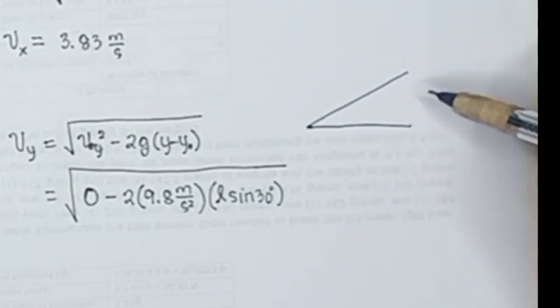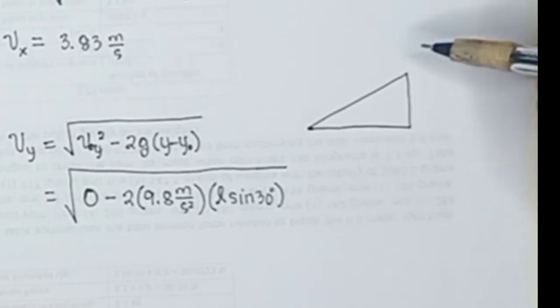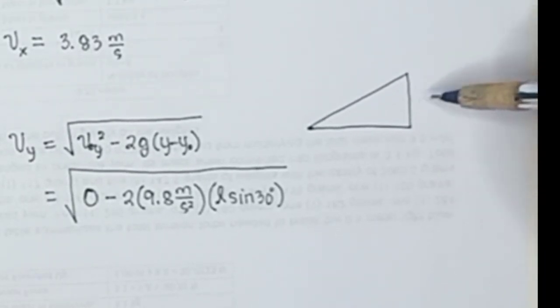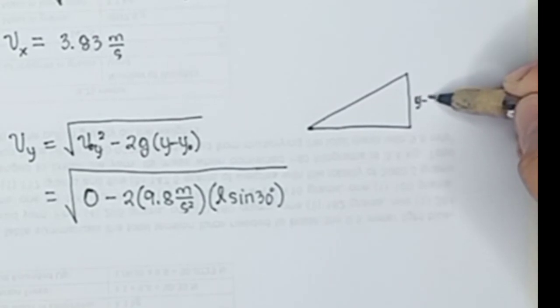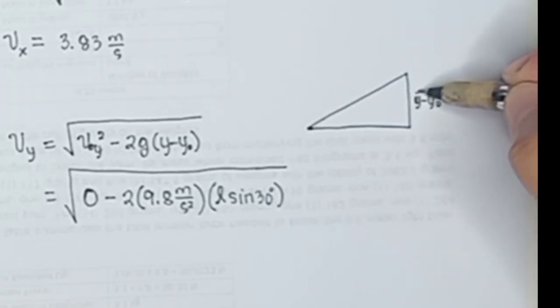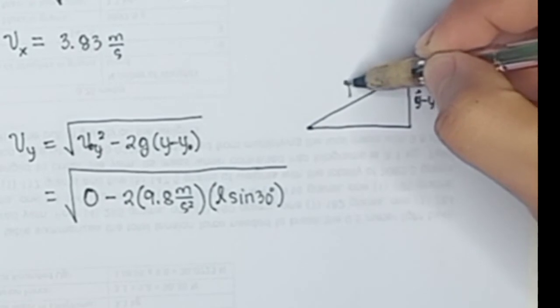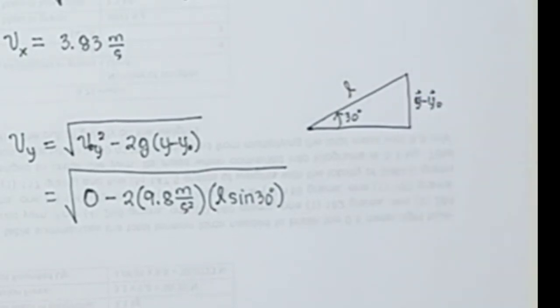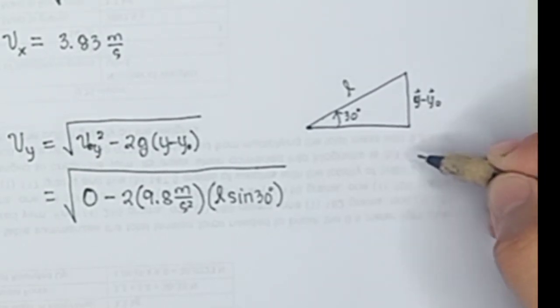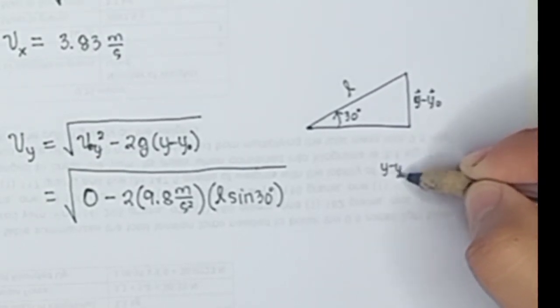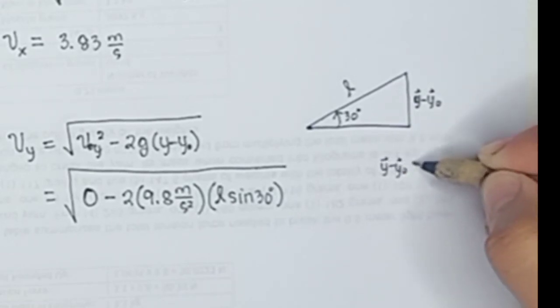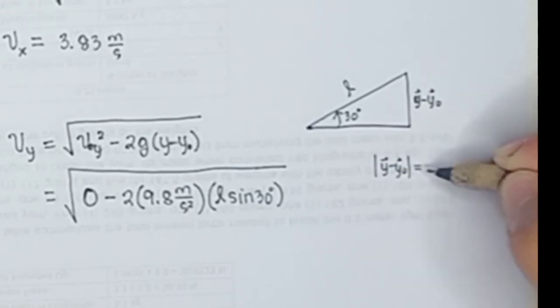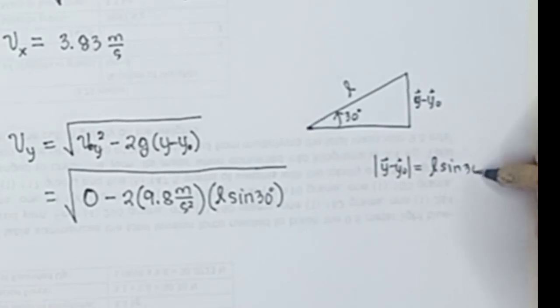This is determined using the Pythagorean theorem. This is our y minus y sub O. This is the length of the ramp, and this is the angle 30 degrees. So we have y minus y sub O equals L times sine of the angle 30 degrees.